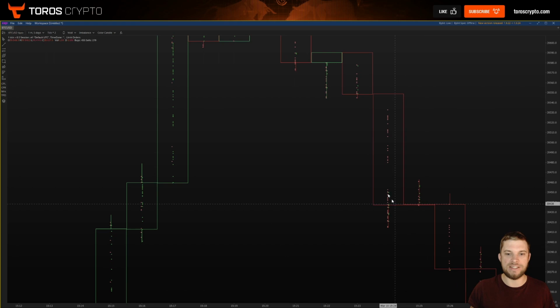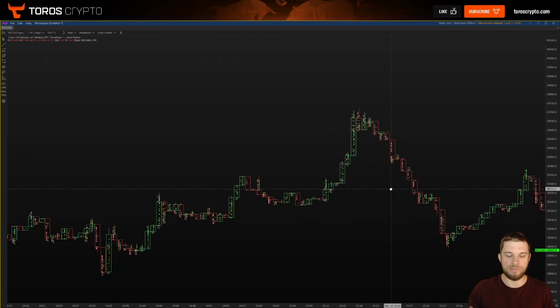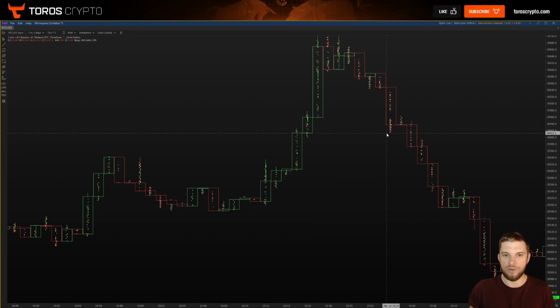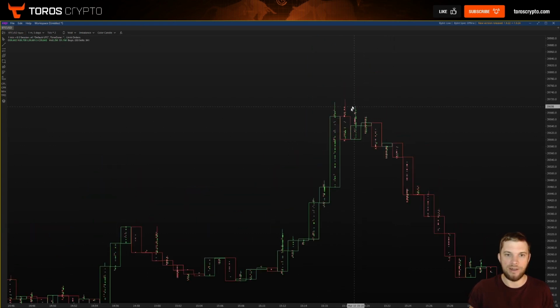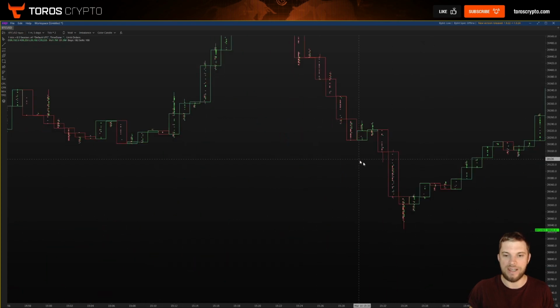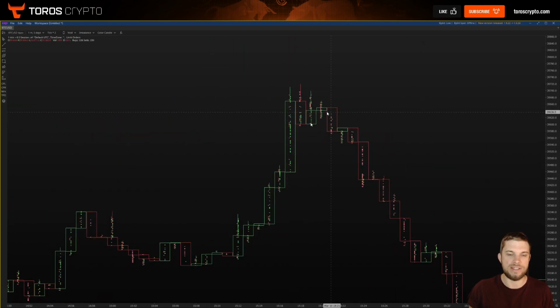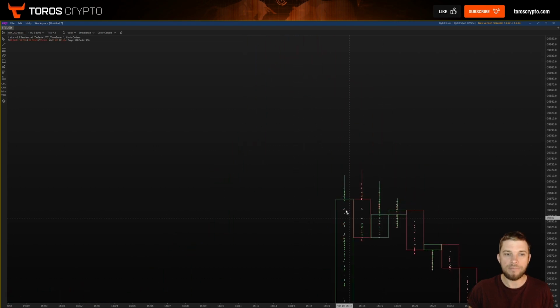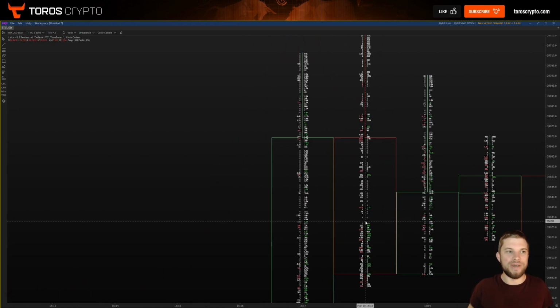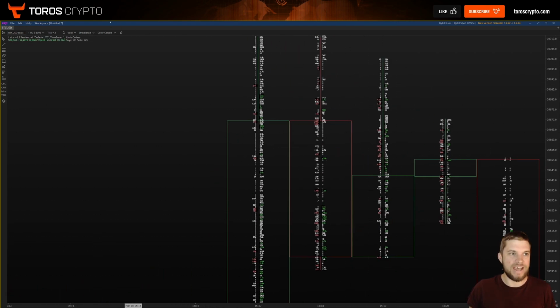So you don't even need to see the actual figures. You can just use these dots, and it becomes quite clear where you are possibly seeing trapped traders at either the highs or the lows of these candles when you see these imbalances starting to play out. So that is your imbalance text type.